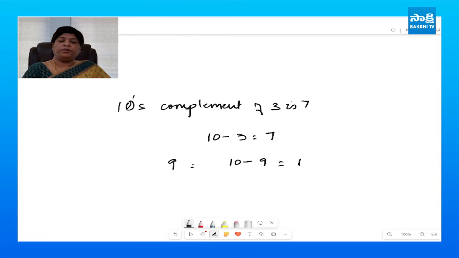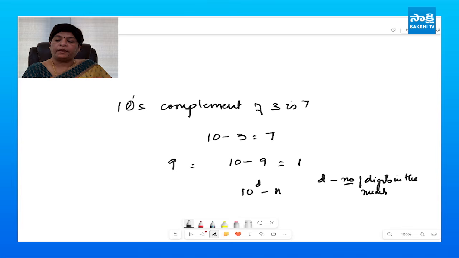For example, the tens complement can be given as 10 to the power of d minus n, where d is the number of digits in the number, and n is the number itself.